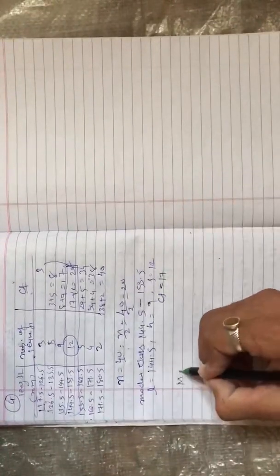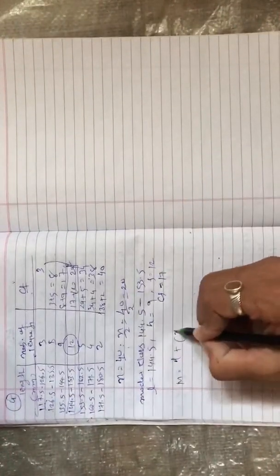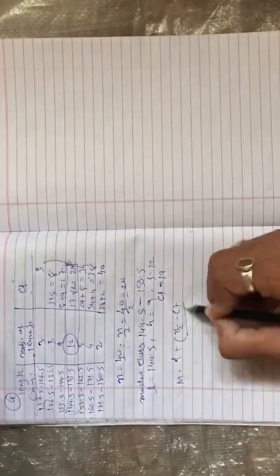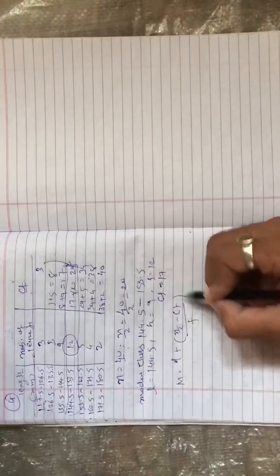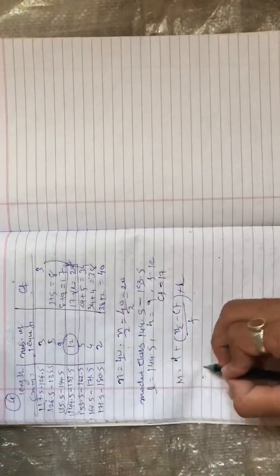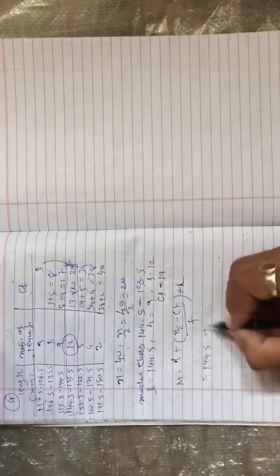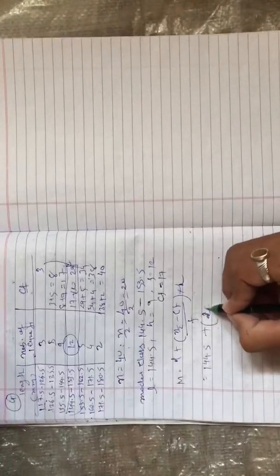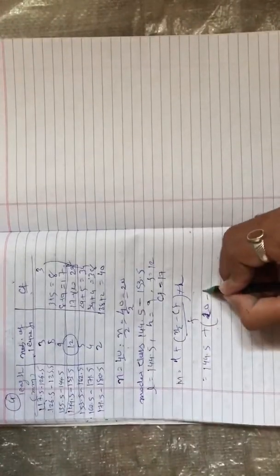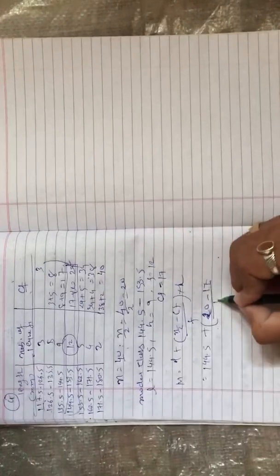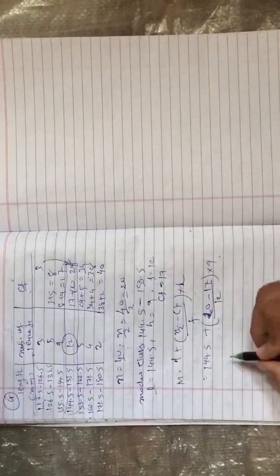Now put in this equation, M is equal to L plus N by 2 minus CF divided by F into H. So the lower limit is 144.5, plus N by 2, it means 20, minus CF is equal to 17, divided by F, 12, into H, 9.